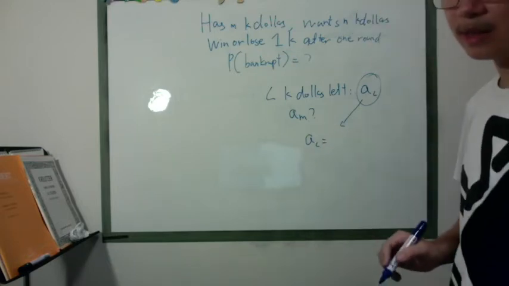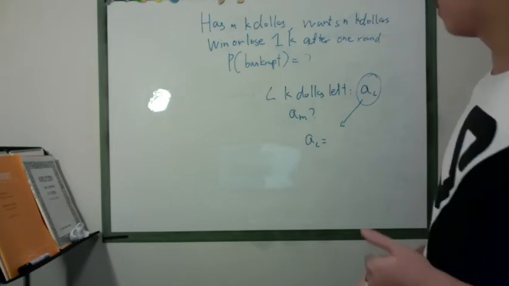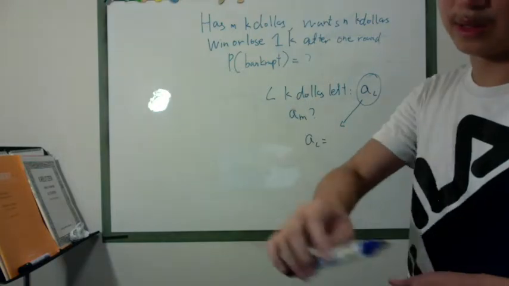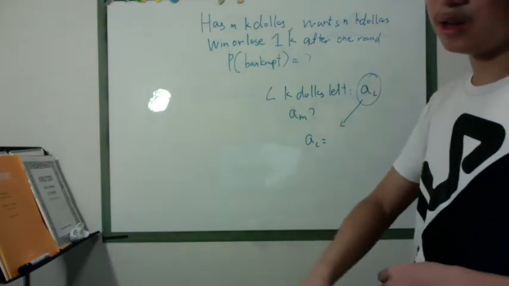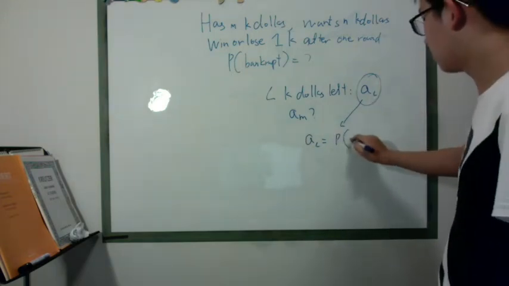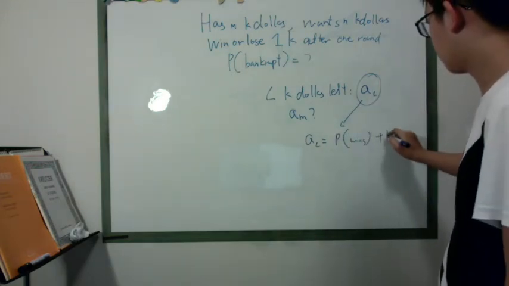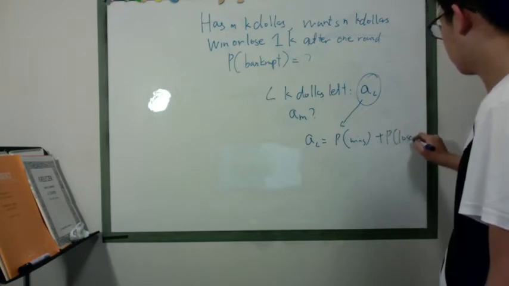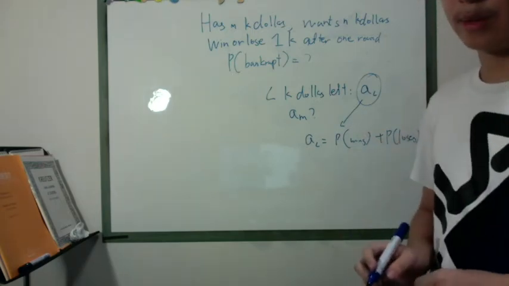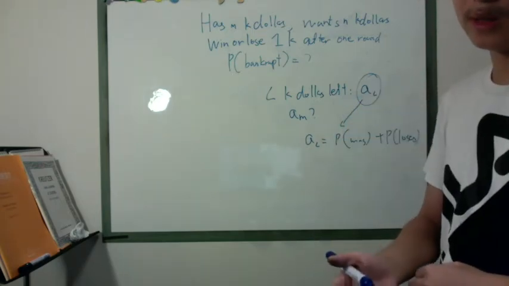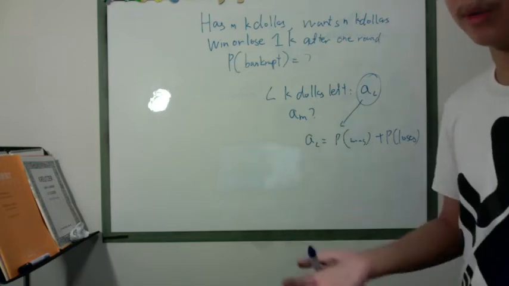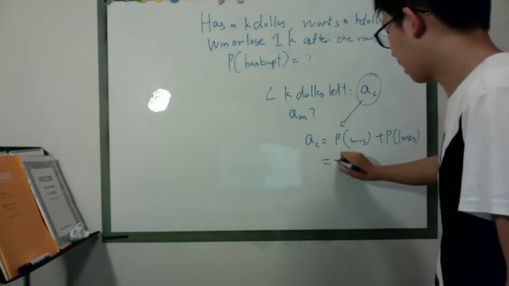So this probability has two possibilities. The first possibility is that after the person gambles the first round, he wins the first round, and the other possibility is he loses the first round. Winning and losing have the same probability, so both of them are 50%, so it's a half.